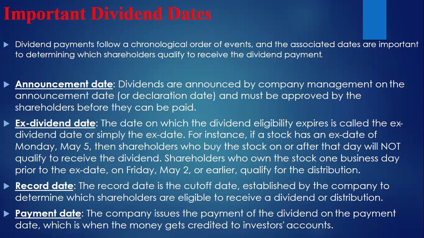Also, in case of liquidation, when a business is going to close up or go out of business, the preferred shareholders will have the privilege to get their debts paid first before any other creditors, including common stock.